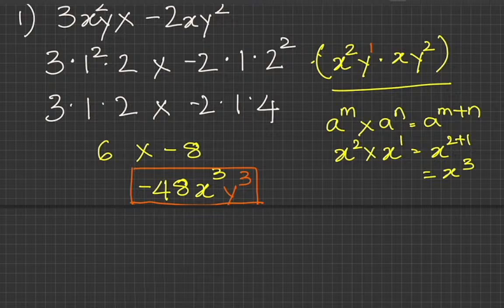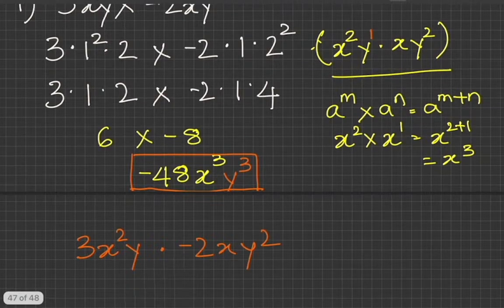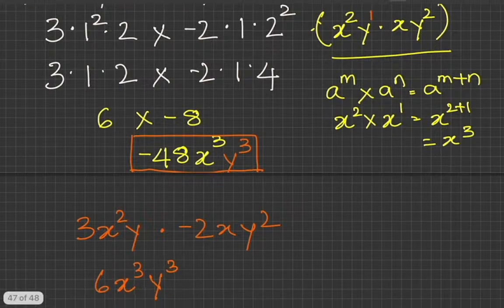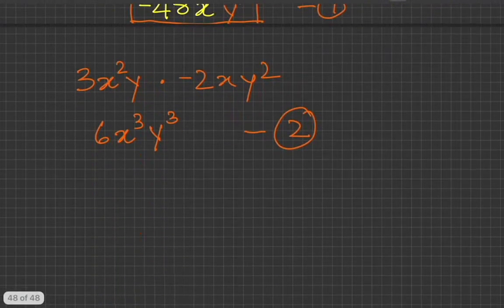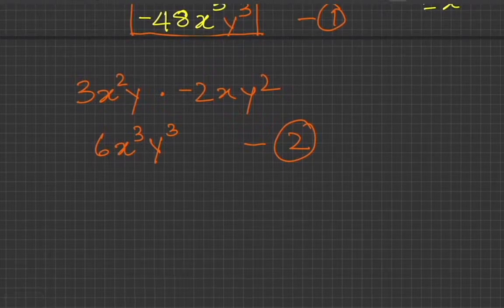Now, when we multiply, we have to verify whether the product is equal. So when we multiply 3x squared y times negative 2xy squared, what we get here is negative 6x cubed y cubed. Now this is our first one, and this is our second, and we have to plug in the values for x and y.